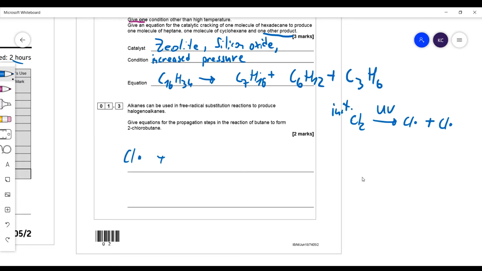Butane looks like this: CH3, CH2, CH2, CH3. Now we need to generate 2-chlorobutane, so we're going to take the hydrogen from the second carbon, whatever end you want to take it from.